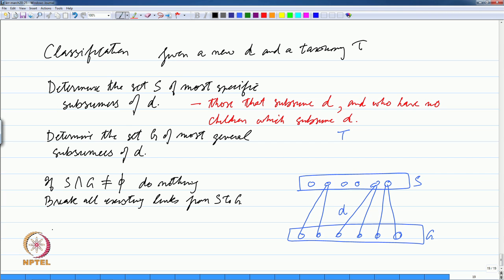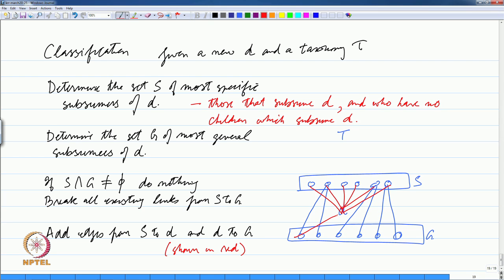And finally, add edges from S to D and D to G. So, let us say the edges are subsumption relationship, which means, so if I show this in red, you establish an edge between every element in S and D and between every element in G and D as well.